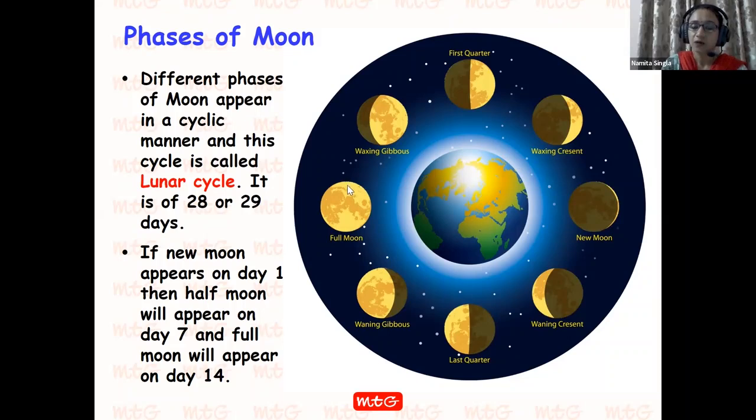Then after 13 days, or we can say on the 14th day, the full moon will be visible. Then again, after 14 days, the new moon will be repeated. So the whole lunar cycle is of 28 days, or sometimes 29 days.